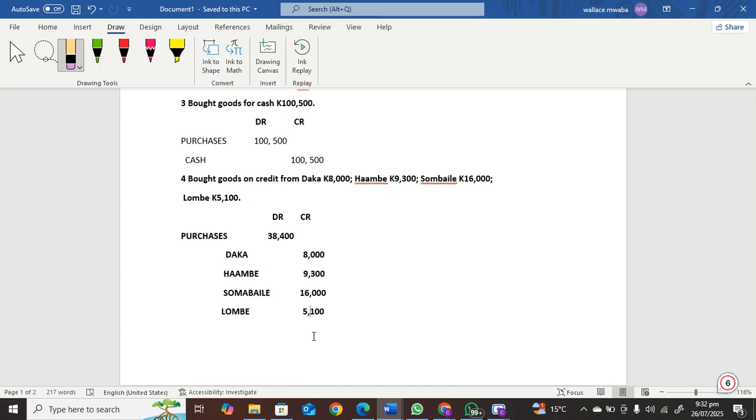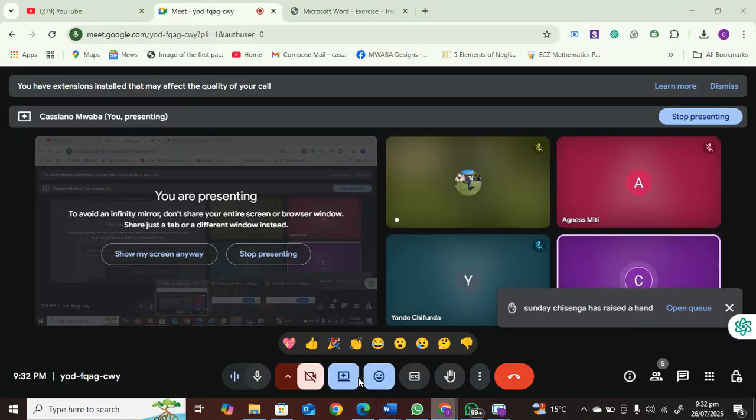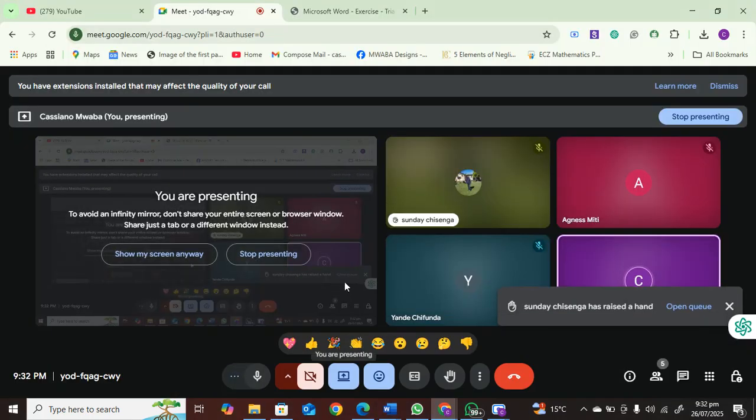The reason why I've put them like this is because there are other transactions that will involve them. When we reach control accounts, the purchases ledger control account, you get the totals of people you owe. But in this case, I didn't do that because there'll be more transactions with them, and we're also going to need to make their individual accounts.